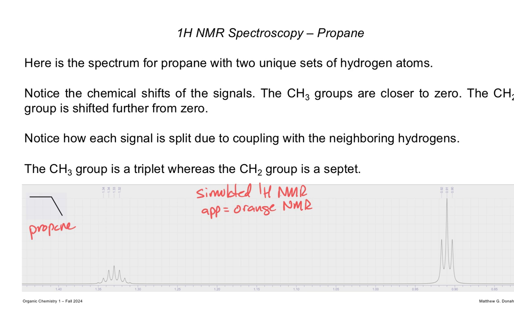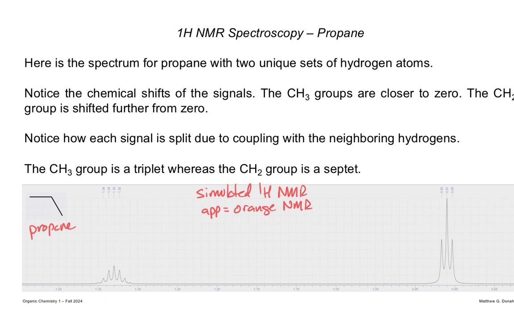If you go on Canvas, there's other web pages that are linked there that'll take you to more problems you can do. And there might be one that can simulate spectra for you as well if you draw the structure. So here we see the two signals. There's one, and there's the other one.